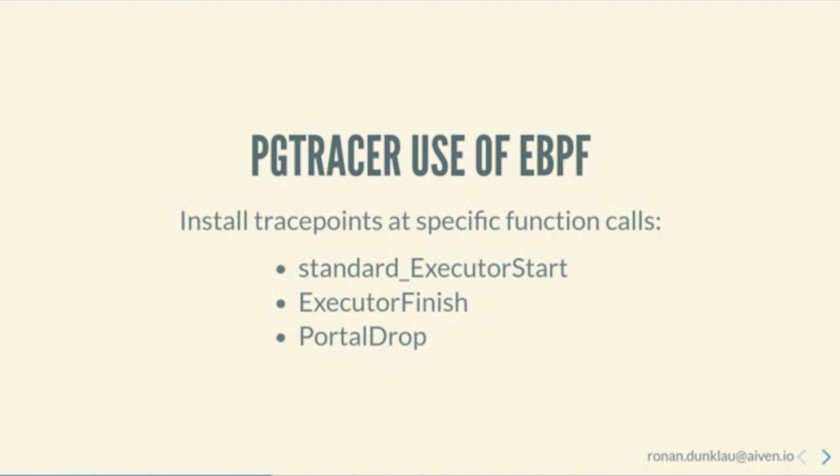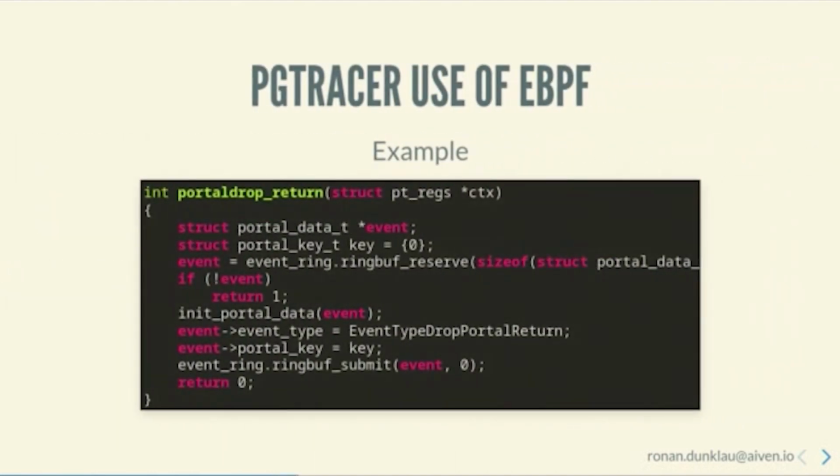This code will gather information from inside the process. Same thing with executor finish, with portal drop. Basically, your whole query lifecycle will be instrumented at several points. Some code will be executed, and then PGTracer can do something out of it.